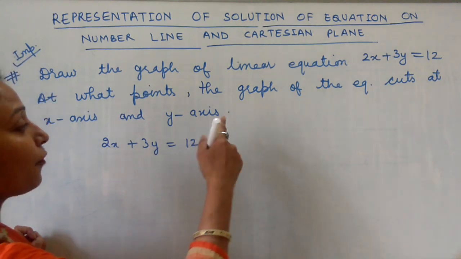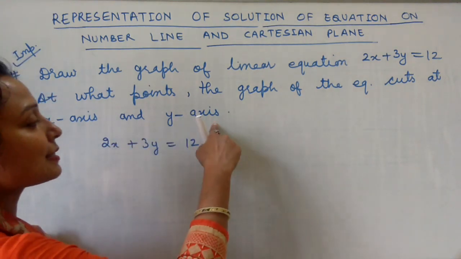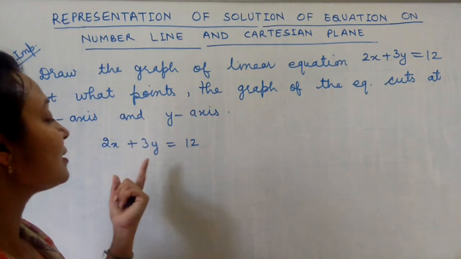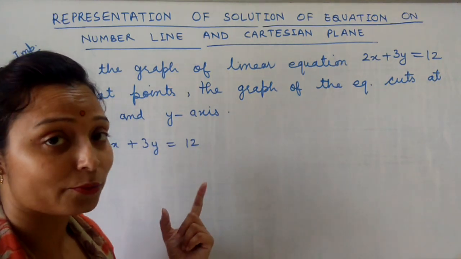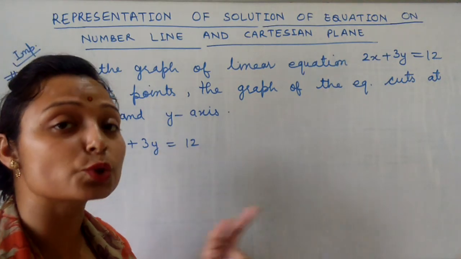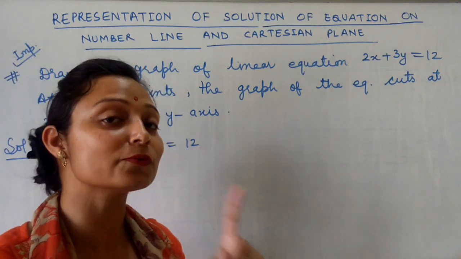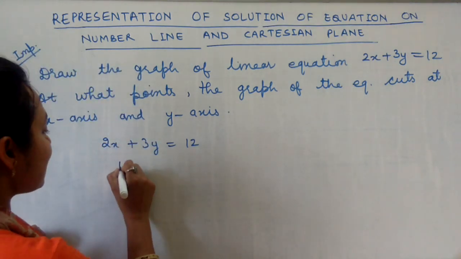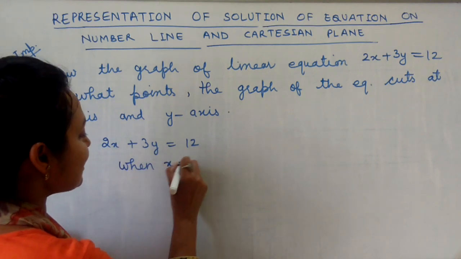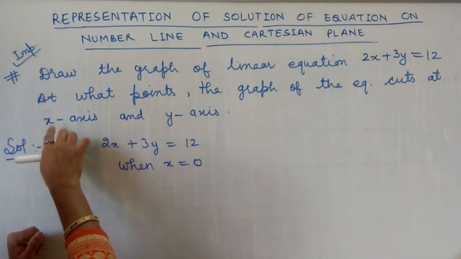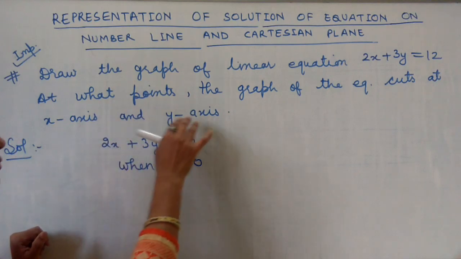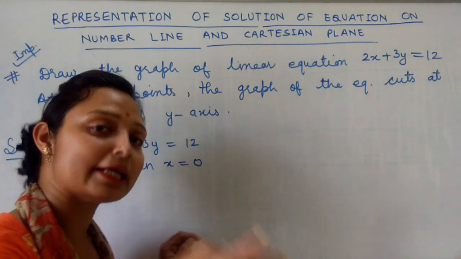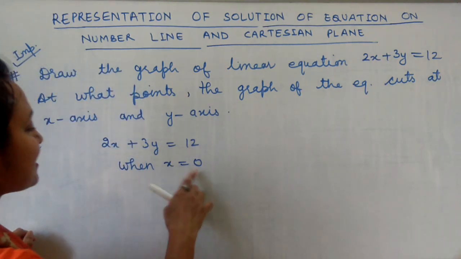First of all, for taking the x-axis and y-axis points, one time we take x is 0 and one time we take y is 0. I need only 2 points to draw the graph of a line. So I take x is equal to 0 first, and second time y is equal to 0.